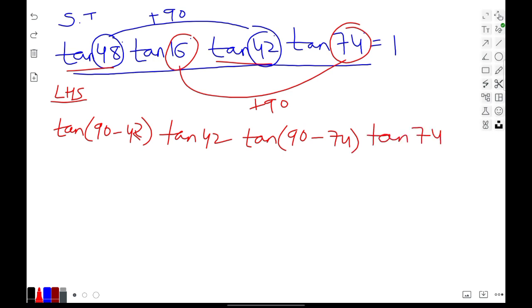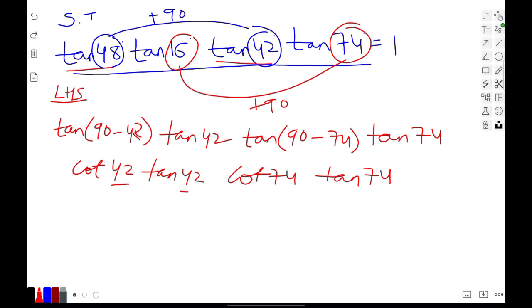Here tan of 90 minus theta is cot theta, which gives cot 42 into tan 42, and tan of 90 minus 74 is cot 74 into tan 74.